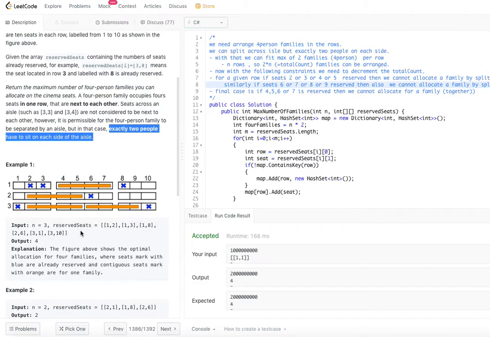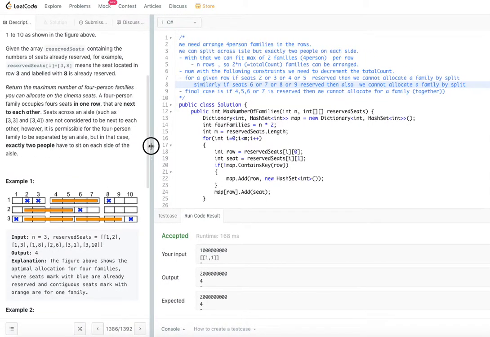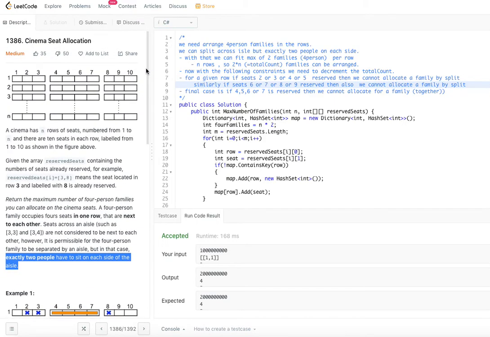So basically, let's look at the little logic that we have to prepare. The answer is the number of 4-person families. We need to arrange 4-person families in the rows. That's the requirement.